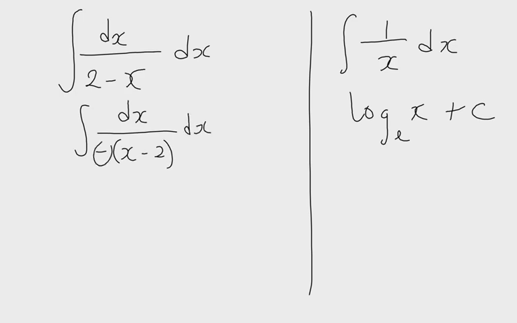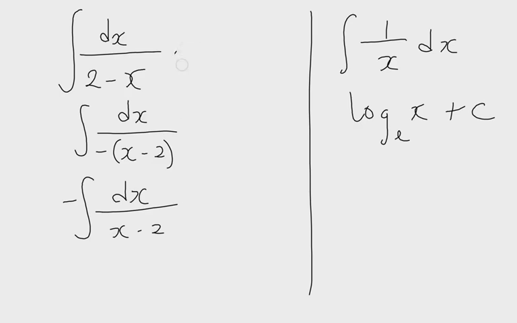And then this minus can be brought out, so we are factorizing minus out. So that's minus integral dx over x minus 2. Okay? We already have dx, 1. Okay? Now, how did I factorize this minus?